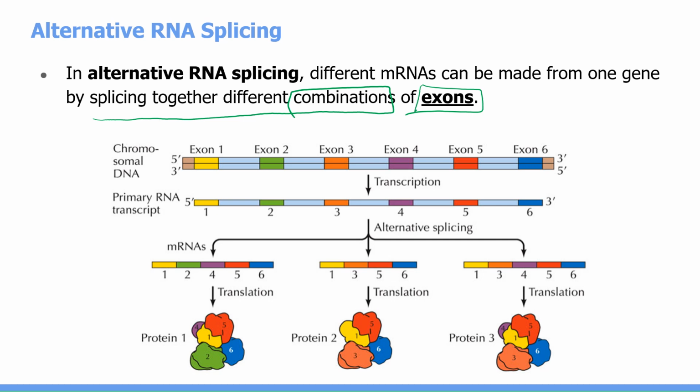Then the pre-mRNA is created. Now, splicing occurs. The order of the exons differs in each of these different final mature mRNAs, and thus the proteins are all different.